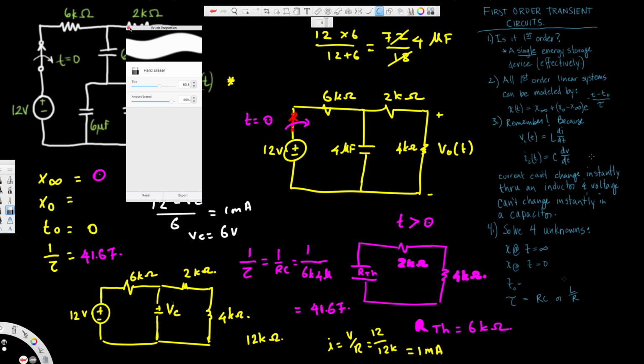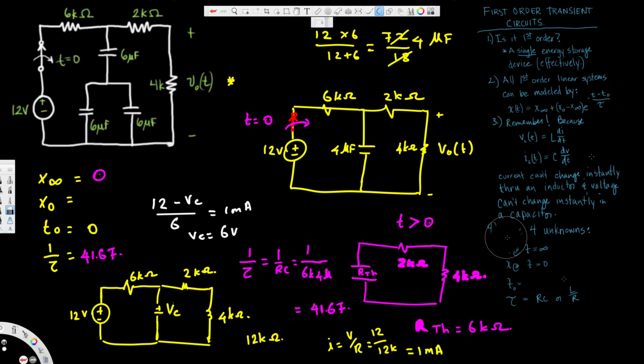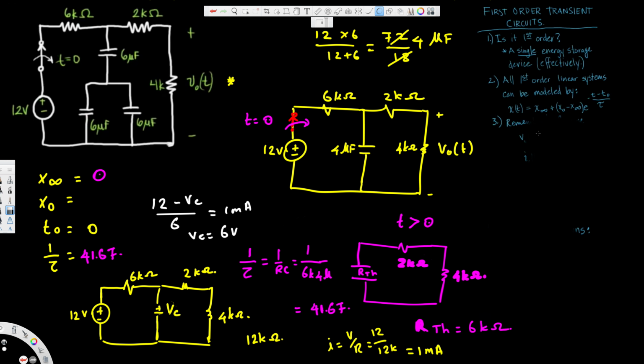Okay, to draw the diagram, I erase this one. Okay, we need this differential equation for a large part. I draw the diagram right here. So here we consider this one as open, and this is our capacitance.